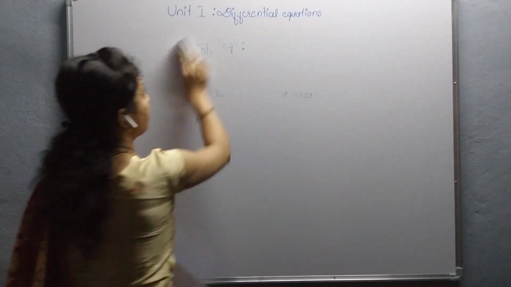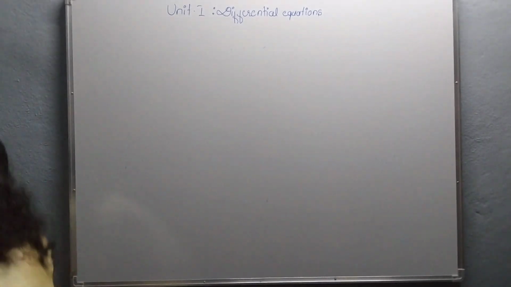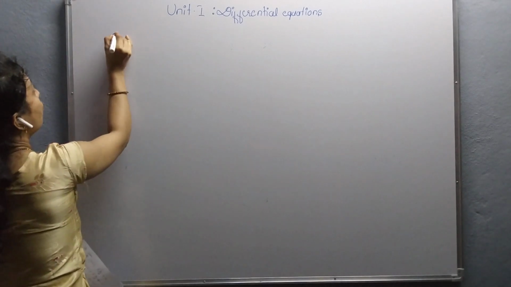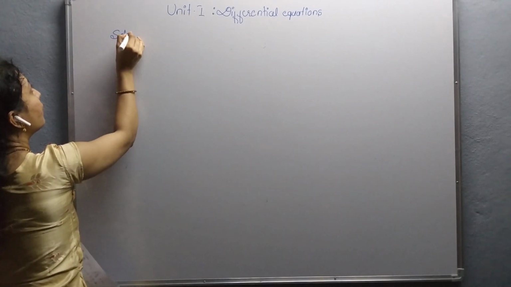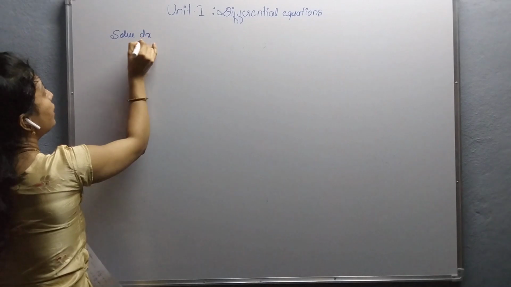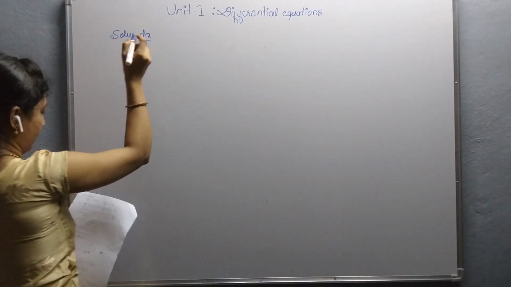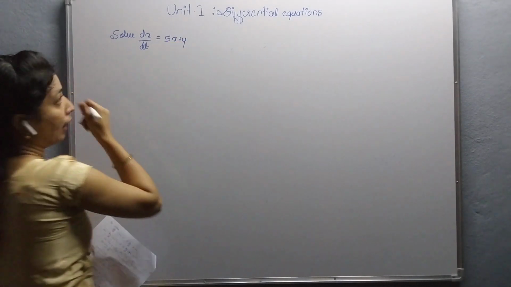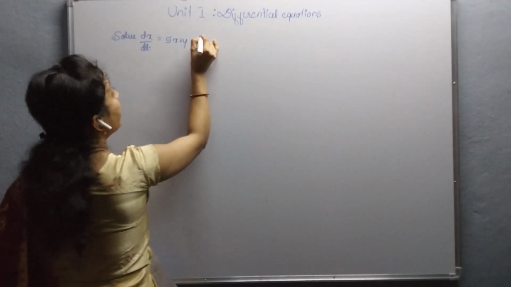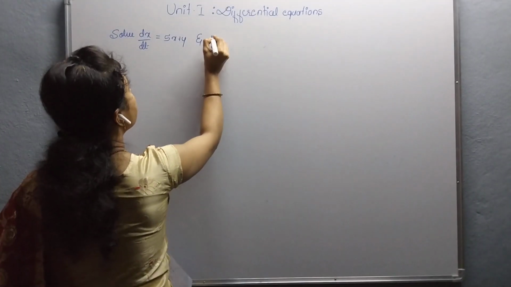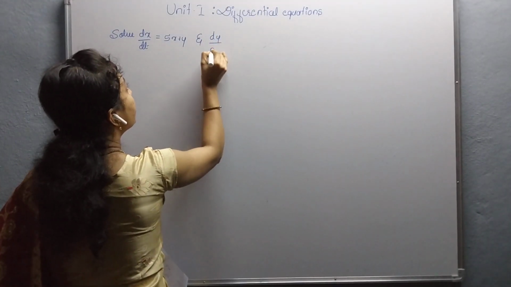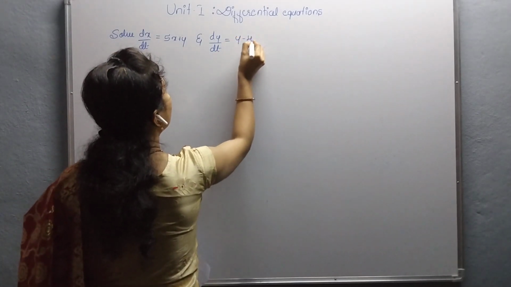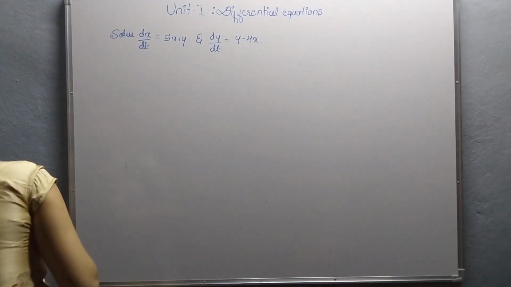So the first example is: solve dx by dt is equal to 5x plus y, and the second simultaneous differential equation is dy by dt is equal to y minus 4x.